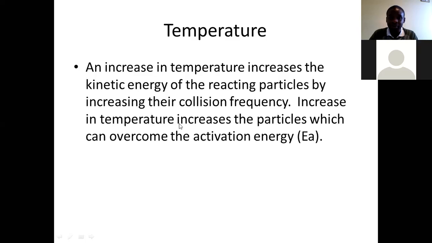Increasing the temperature, therefore, increases the number of particles which can overcome the activation energy. So basically, remember the energy hill which you're able to draw. When you increase the temperature, you increase the kinetic energy so that the molecules can climb the energy hill, or that energy barrier, and cross over to give the product.